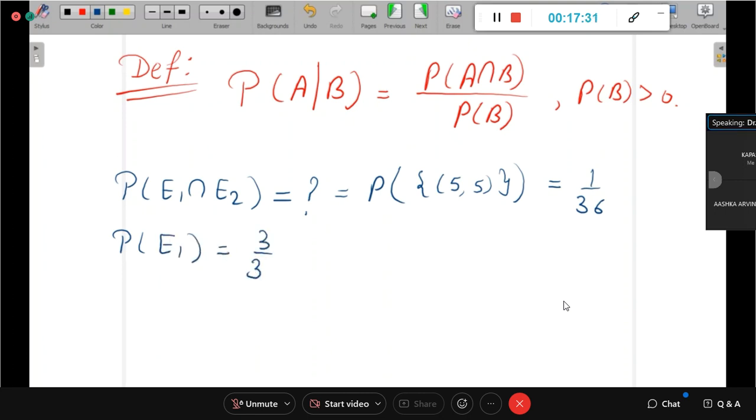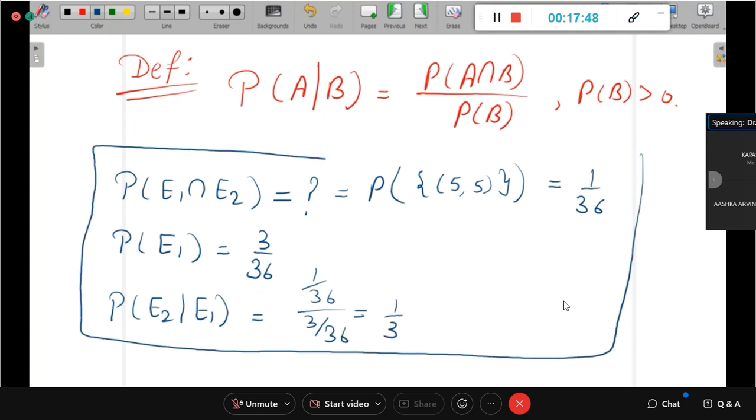And what is the probability of E1? That we know is 3 by 36. So now from here you can find the probability of E2 given E1 equals 1 by 36 divided by 3 by 36, and that matches your answer, 1 by 3.